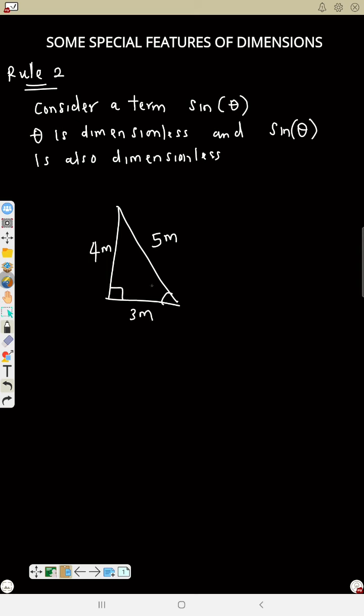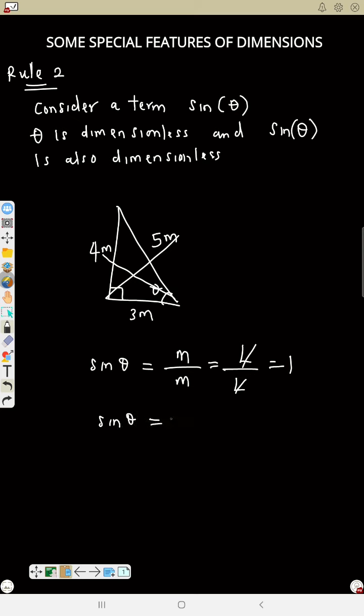That means if here is theta, sine theta will be equal to opposite over hypotenuse. If you look at the units, there is meter over hypotenuse, and the unit there is also meter. That is a kind of length over length, which will be 1. That means sine theta will also be 1.